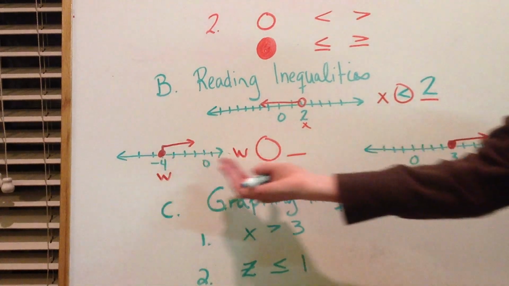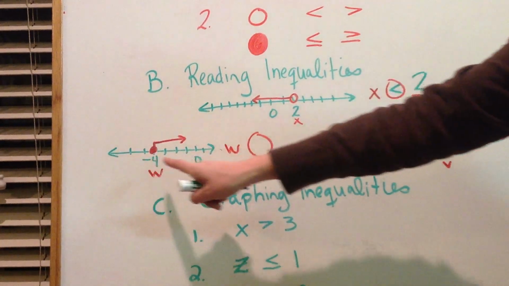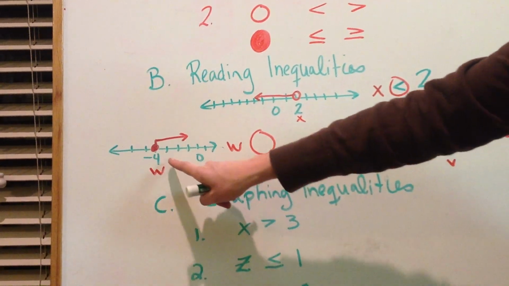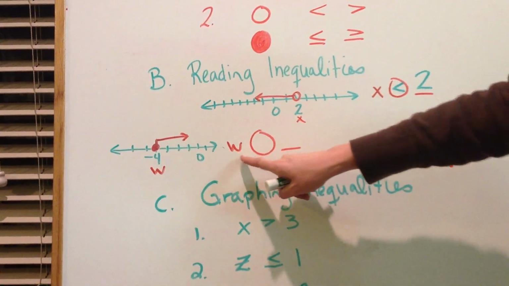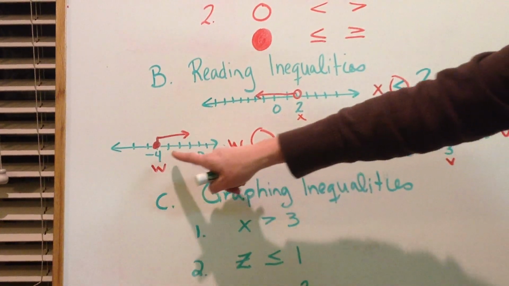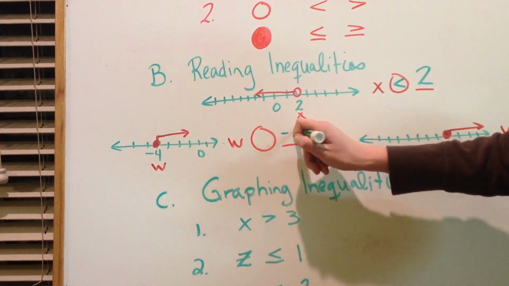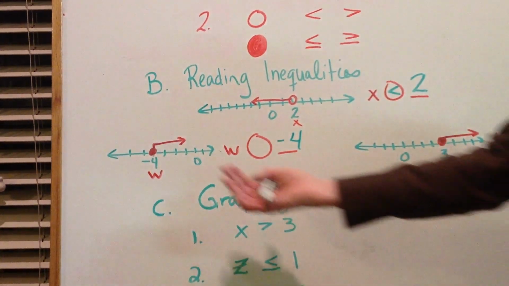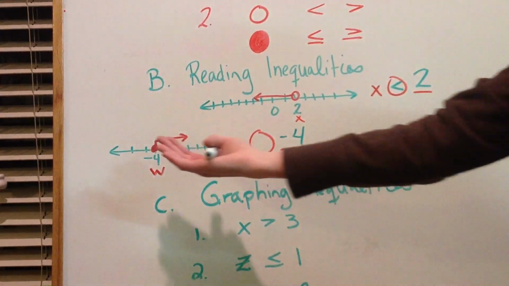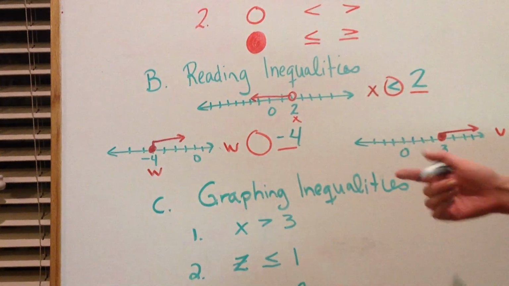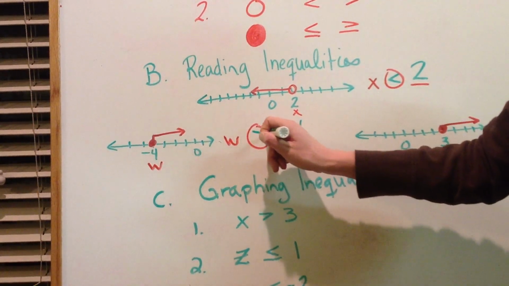Now let's look at this one right here. Here's my number line graph. We have our 0. We have a -4 with a W underneath it. And it wants to know what W is. W is at a -4. But is it smaller than the -4 or is it bigger than the -4? Because it's pointing towards the larger numbers, we're going to say it's greater than -4.